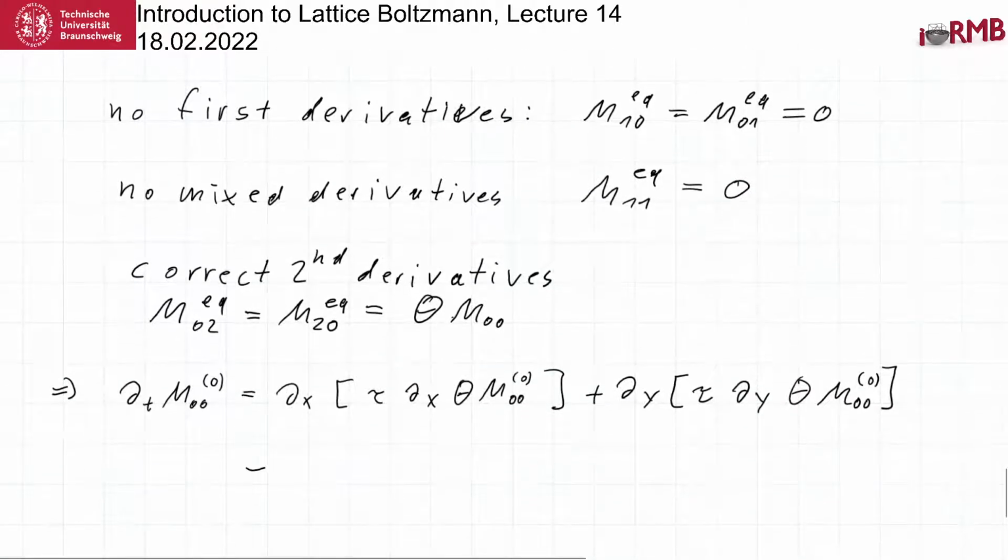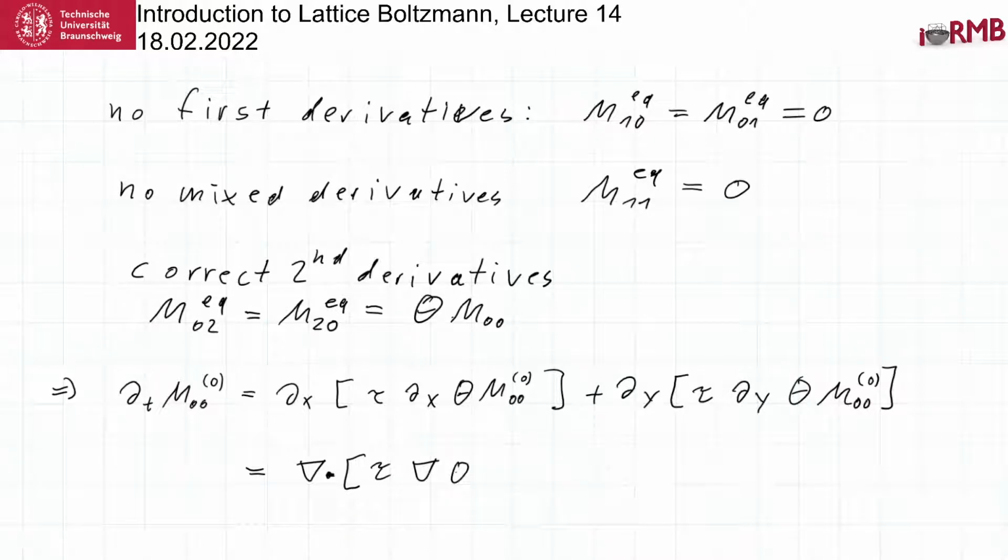And this, of course, can now be written as nabla scalar product tau nabla theta M00.